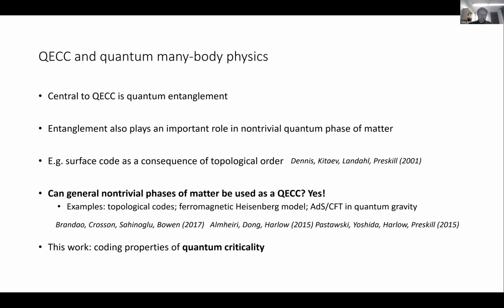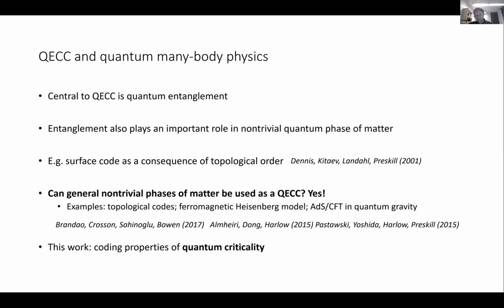That is a good connection between condensed matter physics and quantum error correction. So can we generalize this perspective to more complicated models? Apart from topological codes, can we use other phases of matter to store quantum information?